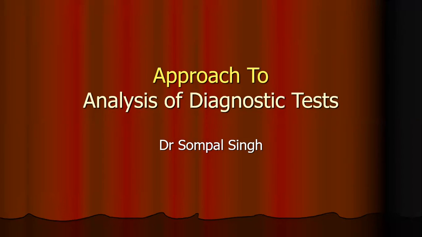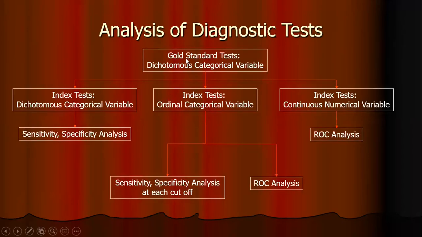Now, what is the approach? Which test to use in which situation? So, the approach to analysis of diagnostic tests: we compare the index test with the gold standard. If gold standard results are a dichotomous categorical variable like yes or no, benign or malignant, and the index test is also a dichotomous categorical variable, we can use sensitivity specificity analysis.